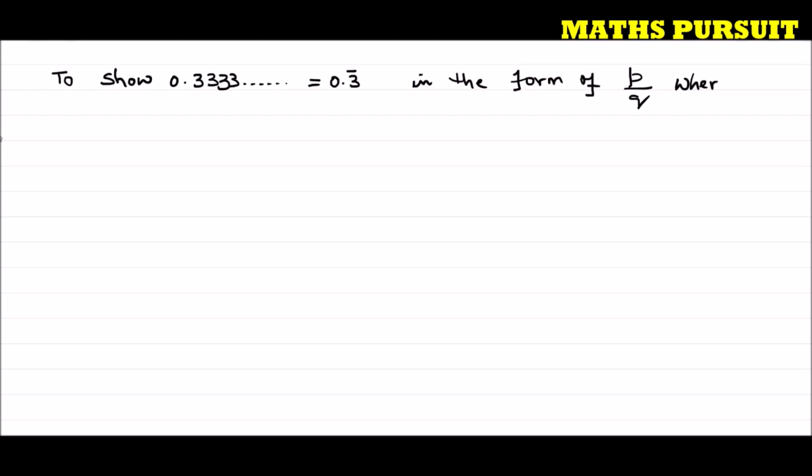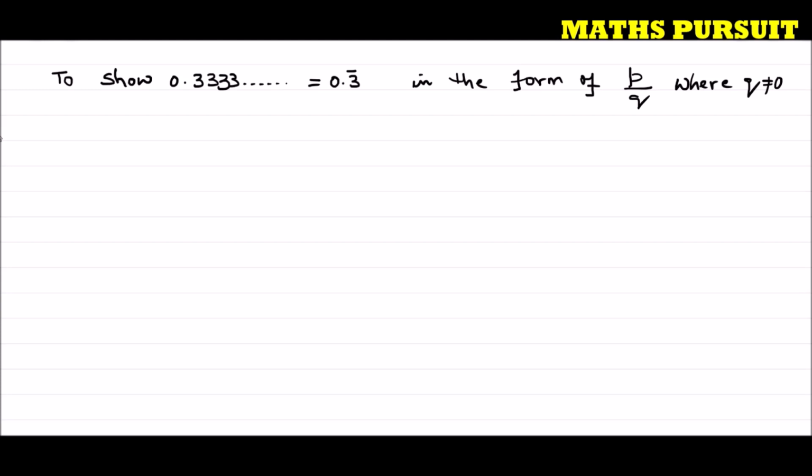The question is asking us to show 0.3333 and this repeats, which is nothing but 0.3 with a bar on 3 because 3 is recurring, in the form of P upon Q, where Q is not equal to 0.